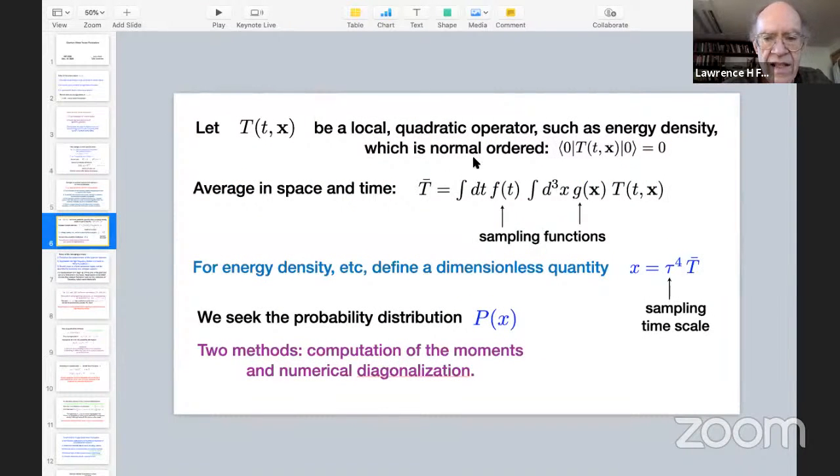When we do this averaging, in effect, we're damping out the high frequency modes, especially with the time averaging. As I explained to you briefly, the spatial averaging isn't quite adequate to completely damp out all the ultraviolet divergences, which is why you need time averaging.